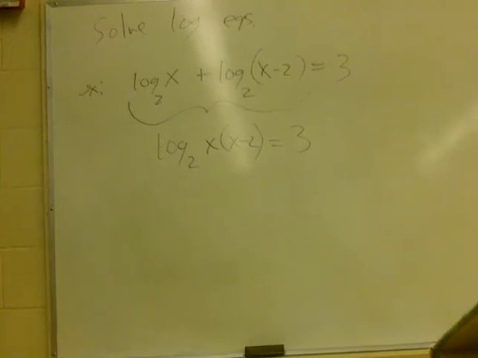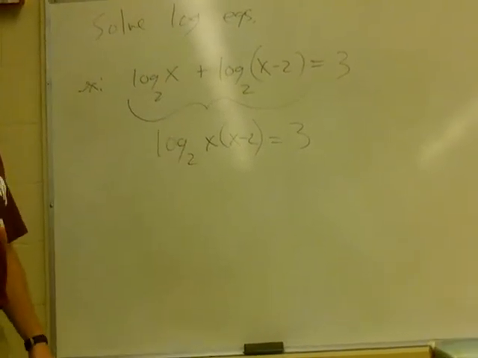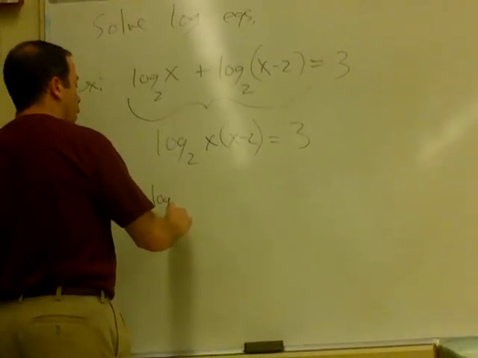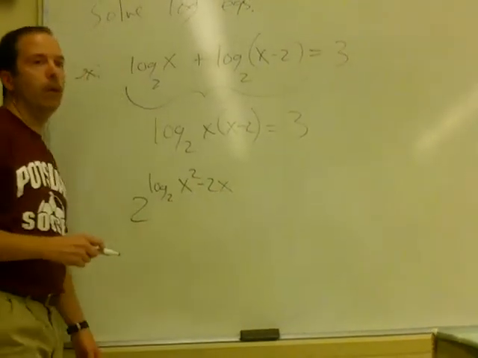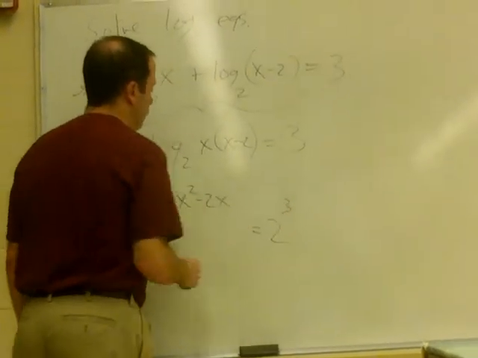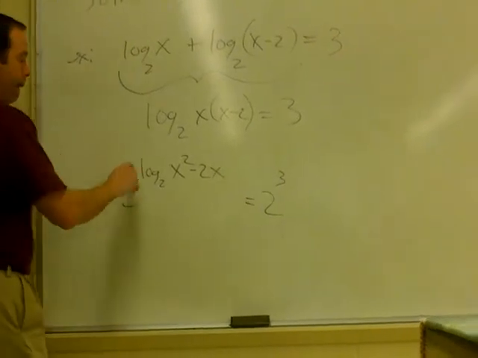I would do 2 to the both sides. We could distribute right now too, either way is good. So let's do 2 to the log base 2 of x squared minus 2x equals 2 to the third. So it's x squared minus 2x equals 8.